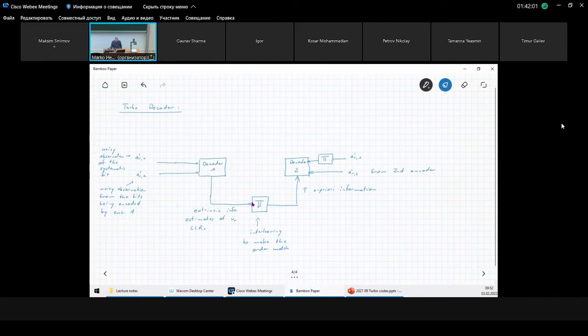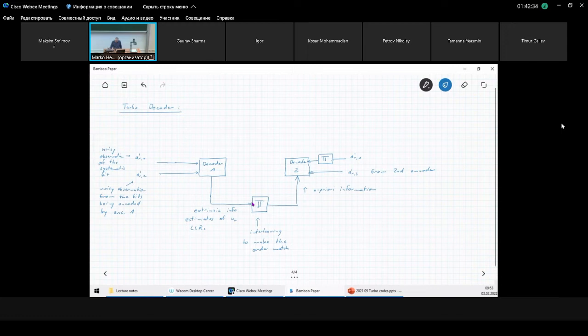It also looks at the noisy observation and the trellis diagram from encoder 2, and comes up with an estimate for bit u_k, but additionally it can use the estimate from decoder 1, the a priori information.